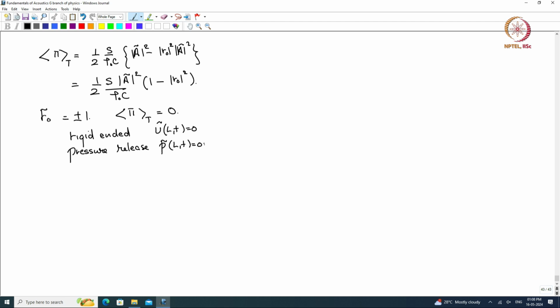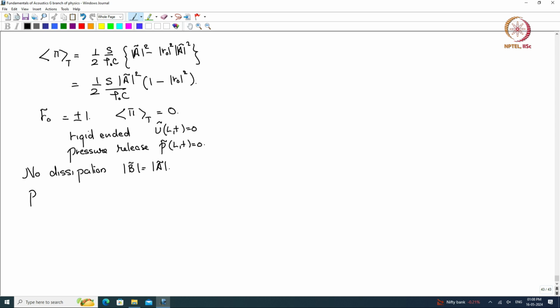Under these conditions there is no dissipation, and therefore magnitude of B is going to be equal to magnitude of A. So all the earlier ideas come up, and therefore the averaged power is going to be 0 under such conditions.